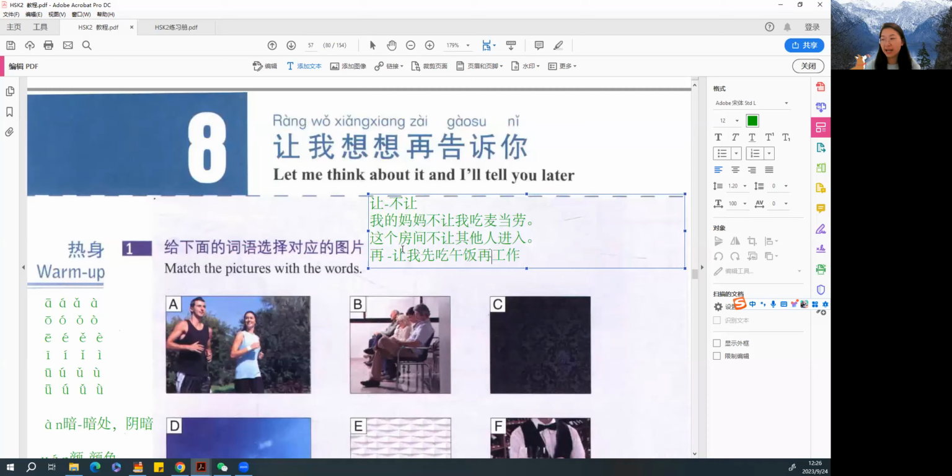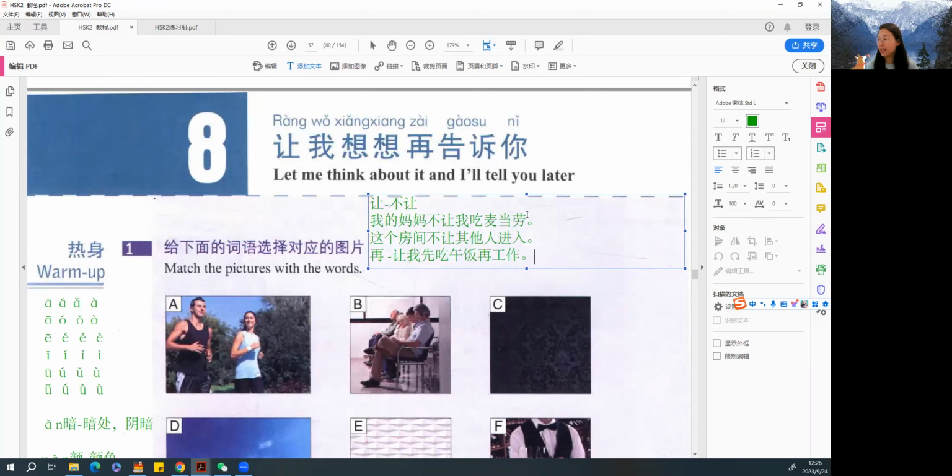Here in this sentence, it's already talking about my situation. 我 is talking about me. So we don't need to say 'after that I will work'. No need for so many words in a sentence when people already know what you are talking about. That's the charm of Chinese. It's very simple, making every expression very simple. So here is 让我先吃午饭再工作.